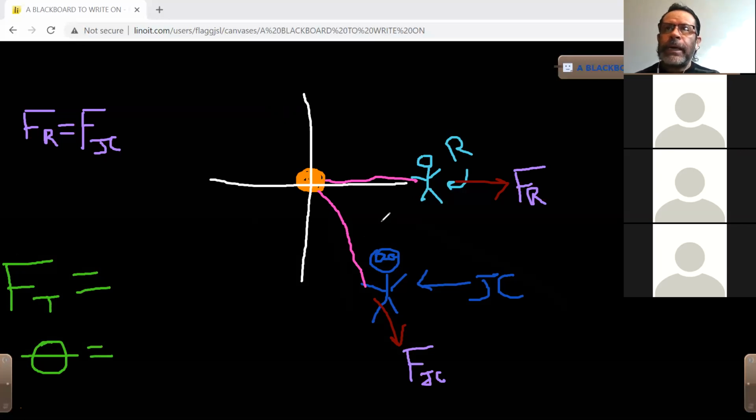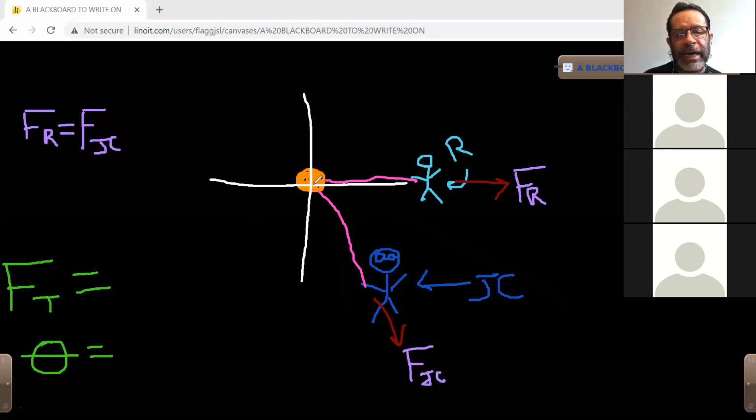Now, how do I calculate the total force? Well, this is where we have to remember what we saw in statics and dynamics. And basically everything's based on Pythagoras. The total force is going to have two components.